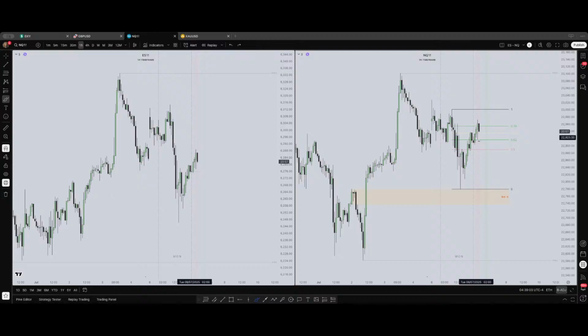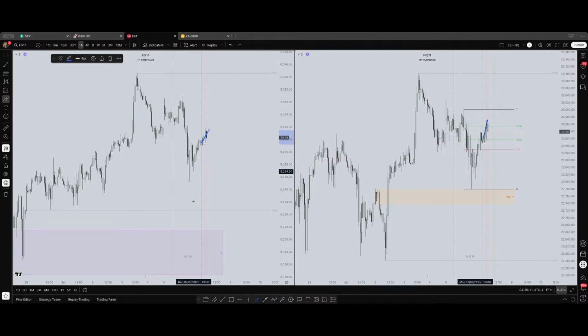So you can see price open the day going higher. Same here.